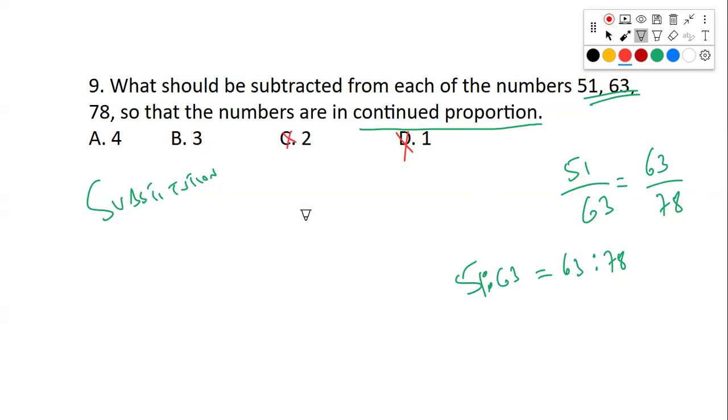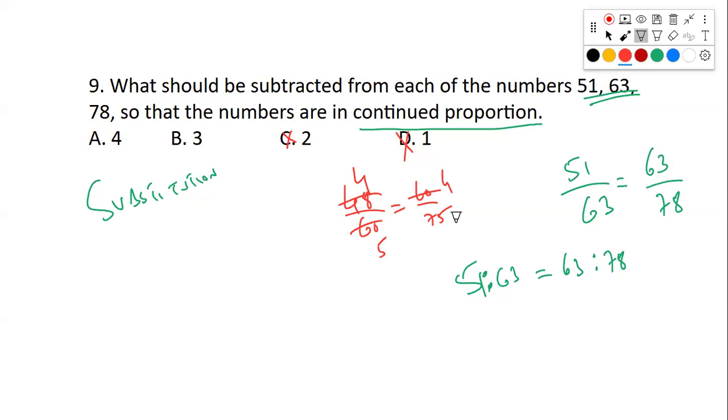So let's try 3. 51 minus 3 is 48 and 63 minus 3 is 60. So both are even numbers, I can cancel it out. Both in continued proportion, both are 60, 60. And 78 minus 3, 75. So 5 is a common factor here. Now if I look at it, 12 will go 4 times, 12 will go 5 times.